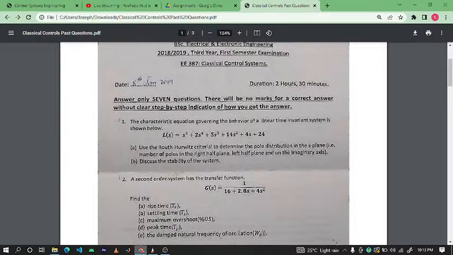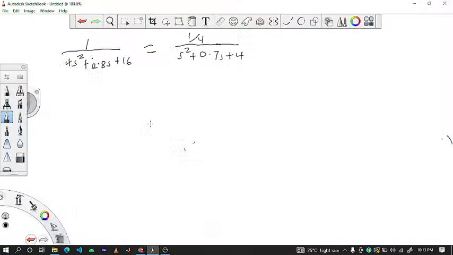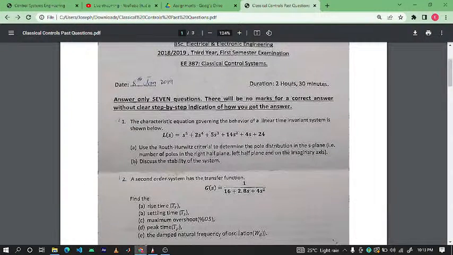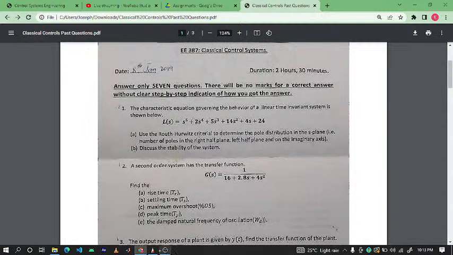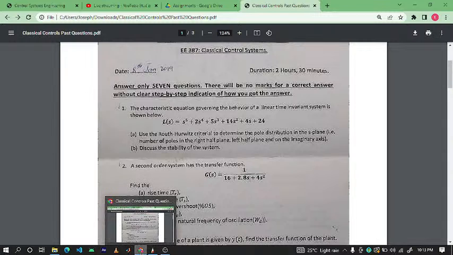The next question is to find settling time. Now, since they didn't give a specific range, we have to use the definition that we normally use in class, which is 2%. Settling time is the time taken for the magnitude of the transient response to get to a certain state and stay within 2% of that state.